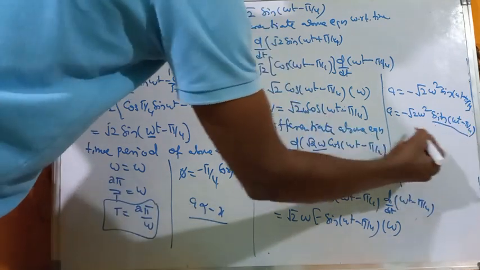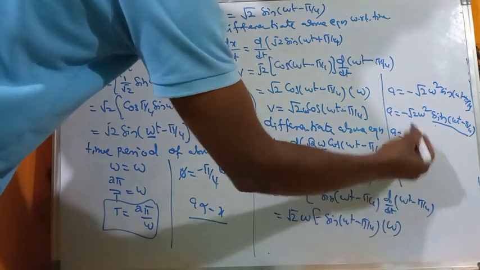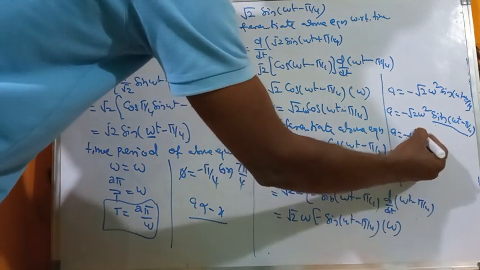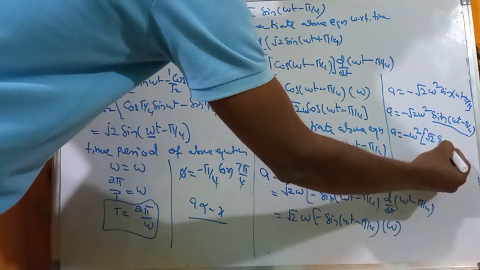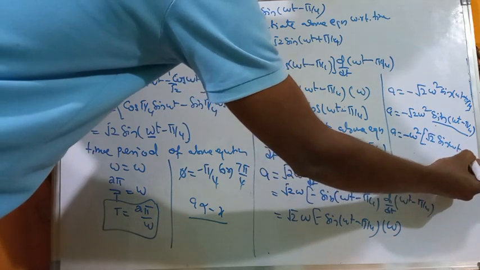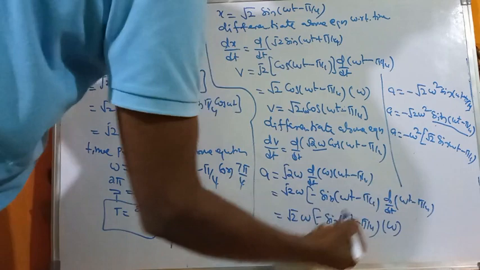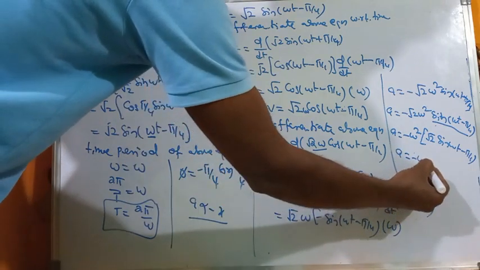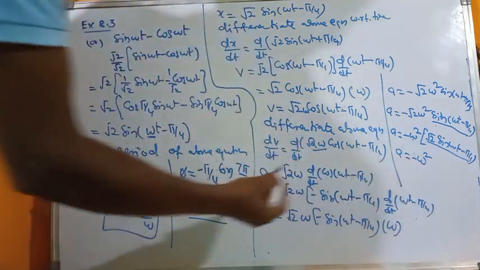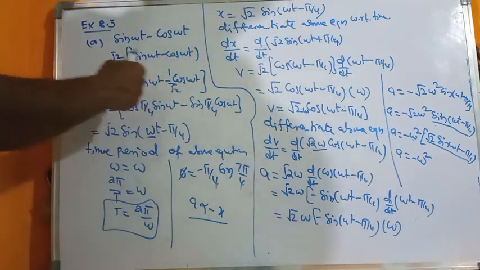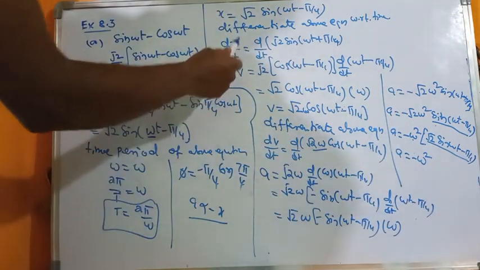We can also write this as a is equal to minus omega square times root 2 sine of omega t minus pi by 4.